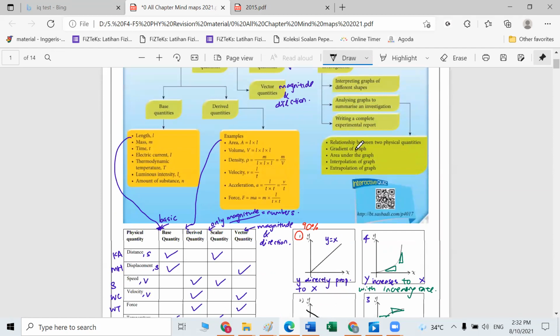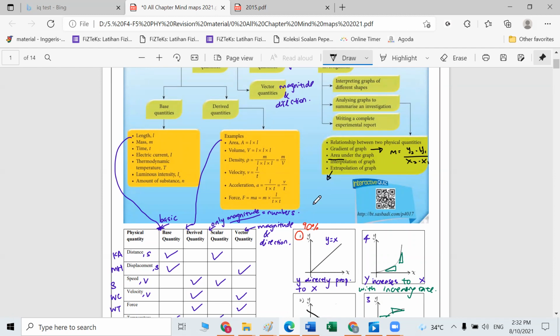And then we already know gradient of the graph equals y2 minus y1 divided by x2 minus x1. Area under graph you all already learned in maths. Extrapolation, interpolation also we learned already.